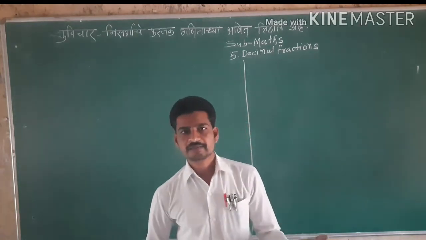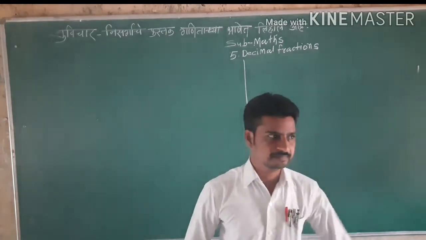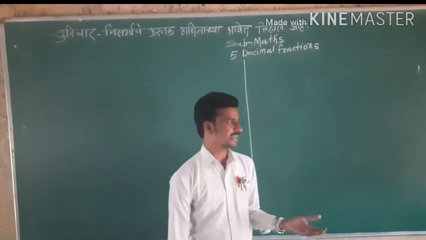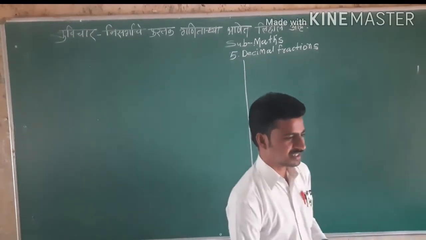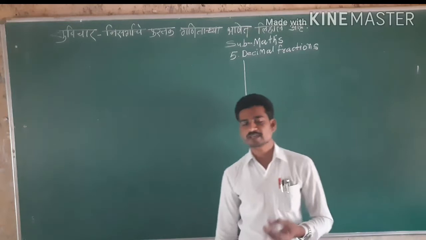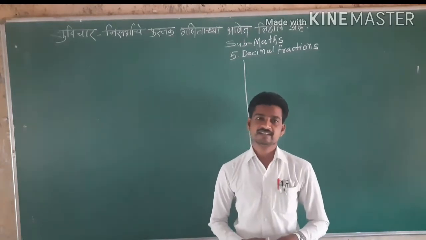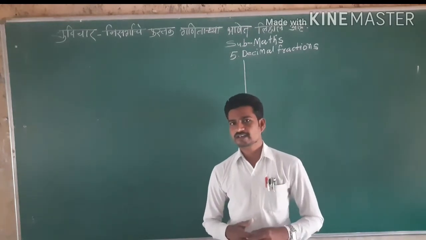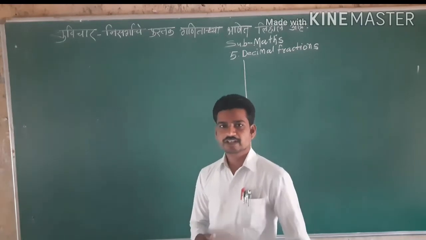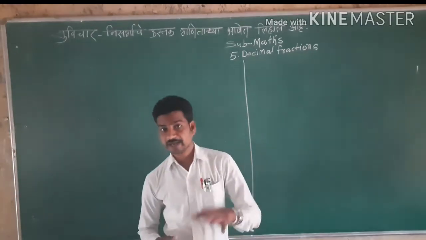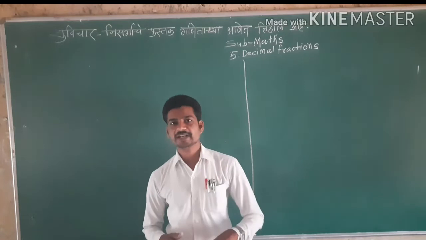Generally, you know that in our mathematics subject, addition, subtraction, multiplication and division are the basic four operations. We have learned addition of integers, addition of fractions, subtraction, multiplication and division.